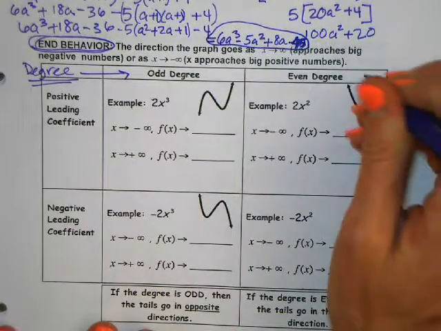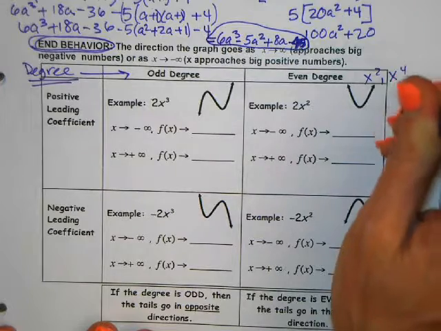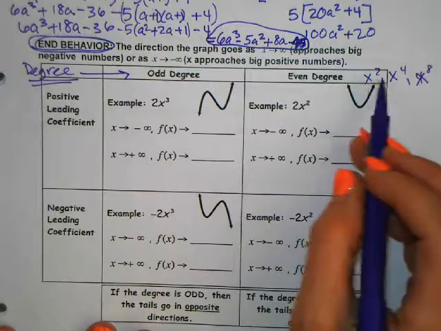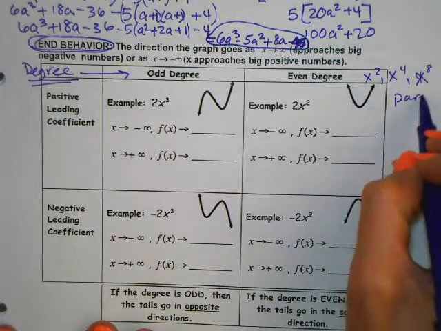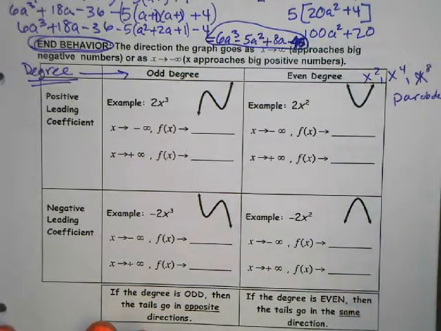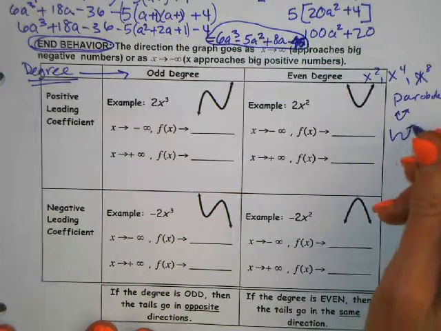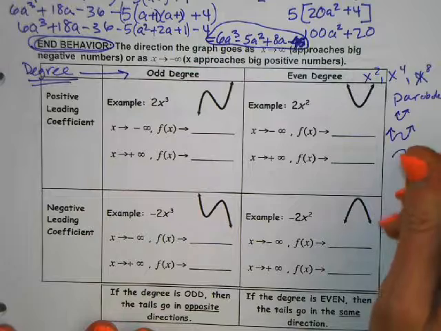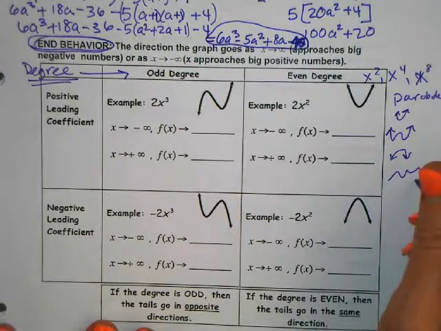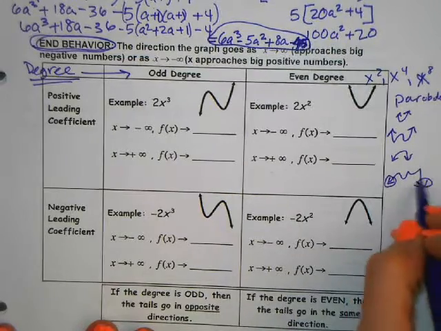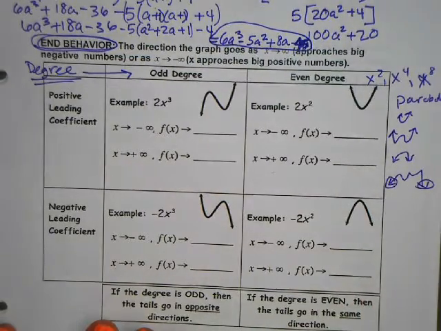So let's look at even. Even we have like x squared, x to the 4th, x to the 8th, whatever. We know that that's going to give us a parabola of some sort. Now the parabola may be curved down, or it may be curved like this. But in the end, the behavior of the ends is that they're going in the same direction.